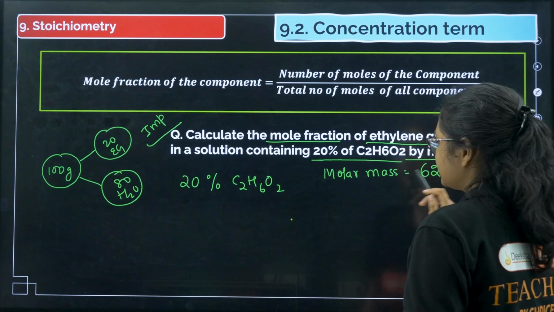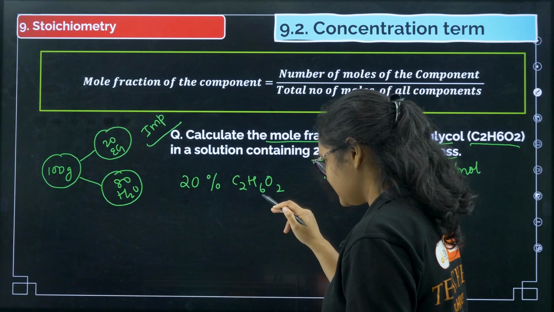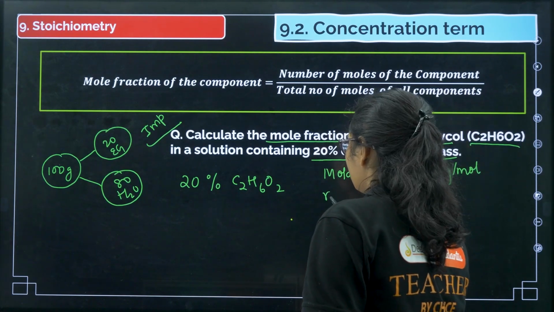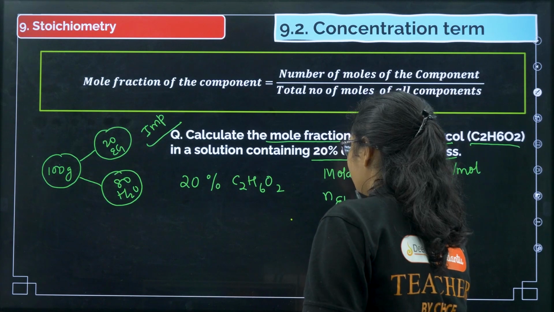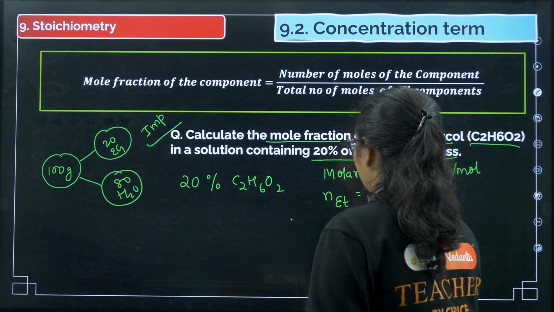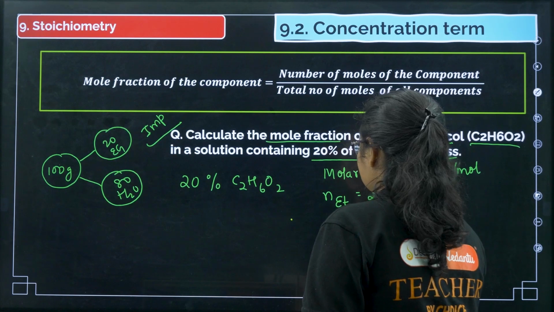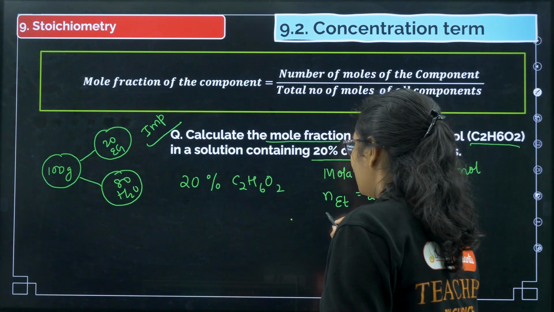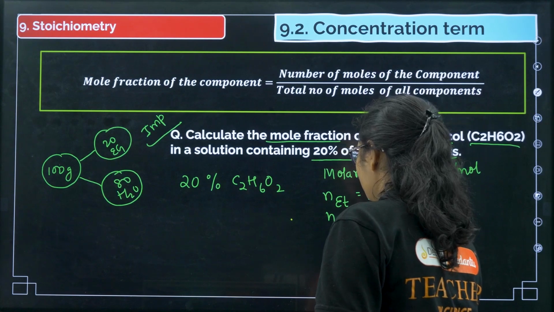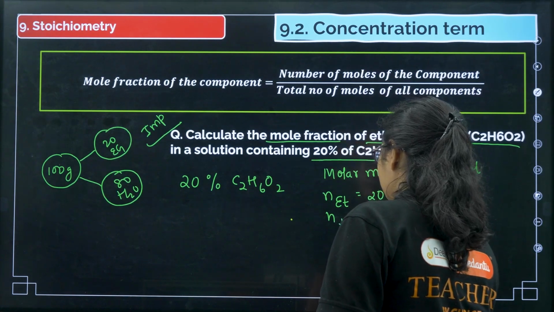Let me check once again: 12 2s are 24 plus 6 is 30, 30 plus 32 is 62. So number of moles of ethylene glycol: given mass is 20, molar mass is 62, so 20 by 62. Number of moles of water: given mass is 80, molar mass of water is 18.